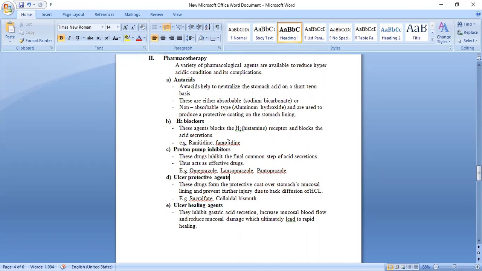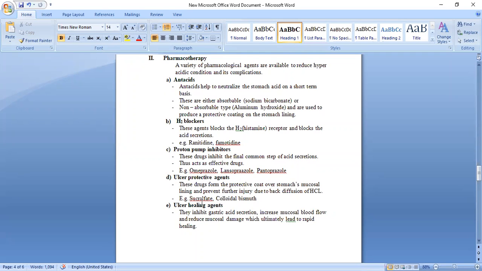If reflux is there, due to bile reflux or acid reflux, that will be inhibited, isn't it? These are protective. Even if reflux is there, it will not cause any type of harm to the mucosa of the stomach. Due to what? Due to this protective coating.